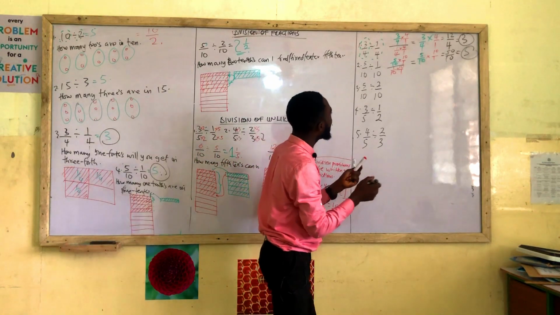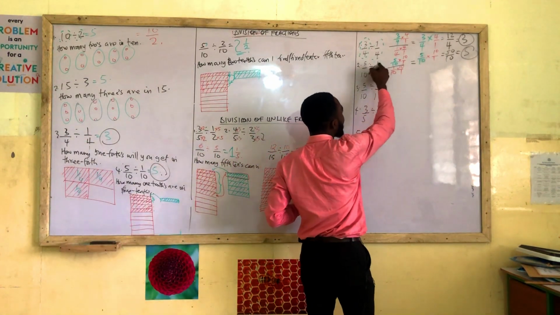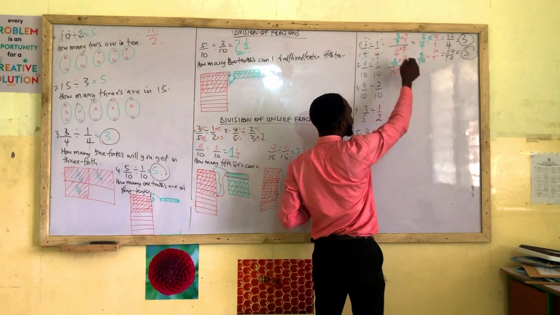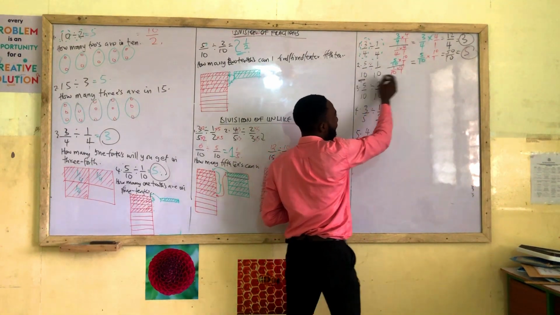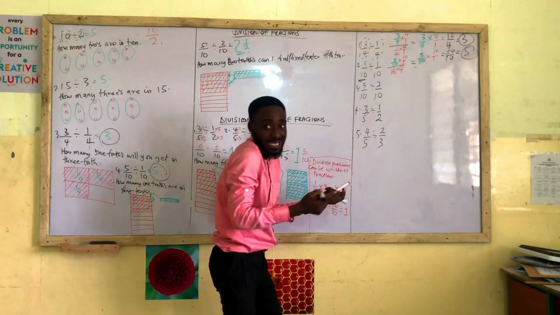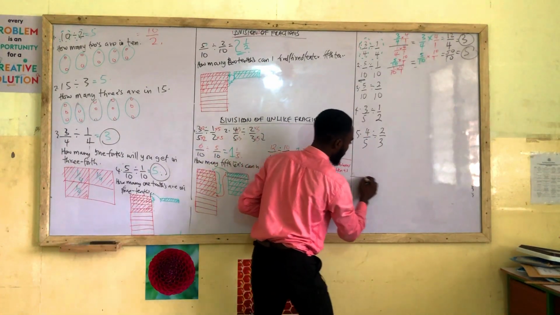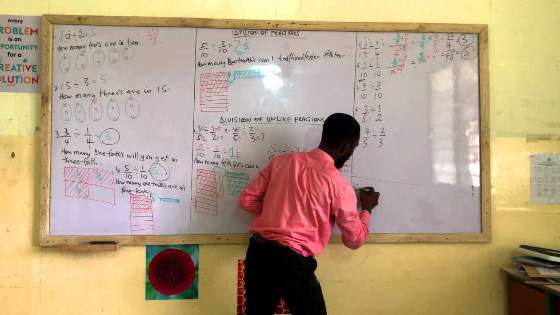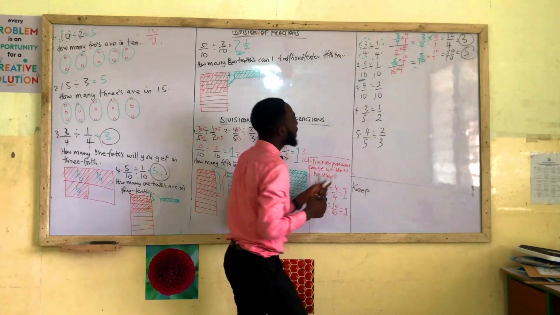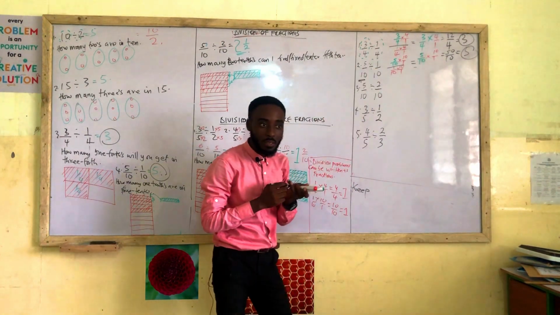If you are given a question, you just have to flip. The pattern is that this guy keeps changing. Or what do you think is happening to this first guy? It keeps itself. It keeps itself, right? Yes. Then what's happening to the division? It changes.